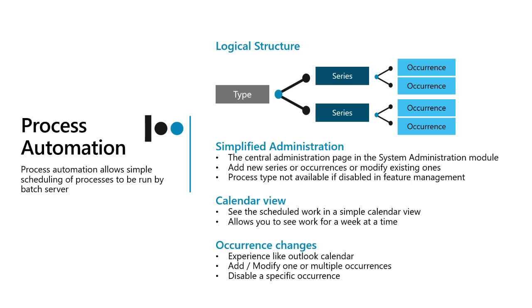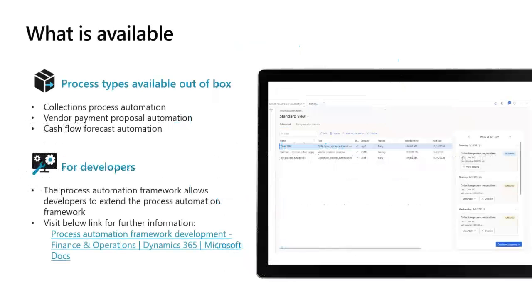You can change and you can work on those. So you can say, okay, no, I like to pause the next one, I like to move the next one, or I like to change the whole series. So it's really up to you, and it's an end user experience. So you do not need to handle batch groups, and you do not need to go into system administration module. It's very easy for end users. Adil will show you in a bit. Next slide, please.